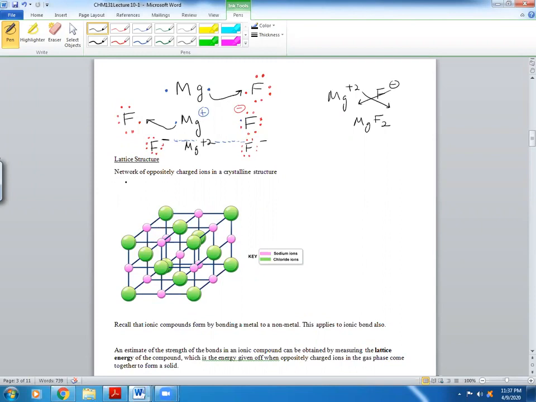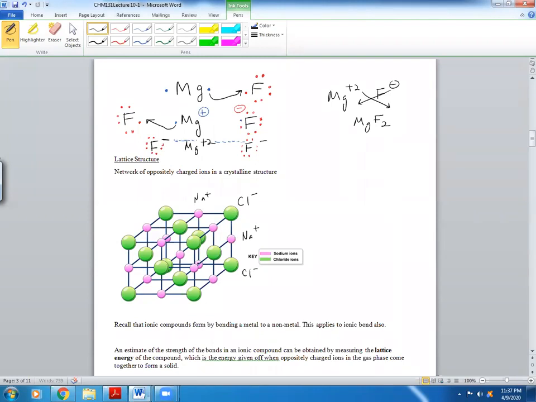Lattice means it's a network of oppositely charged ions in a crystalline structure. So it has a crystal structure. And here's the crystal structure. If you look at it, you'll see that all of these are sodium, the blue, and then the green is minus. The sodium here is the smaller sphere right here.